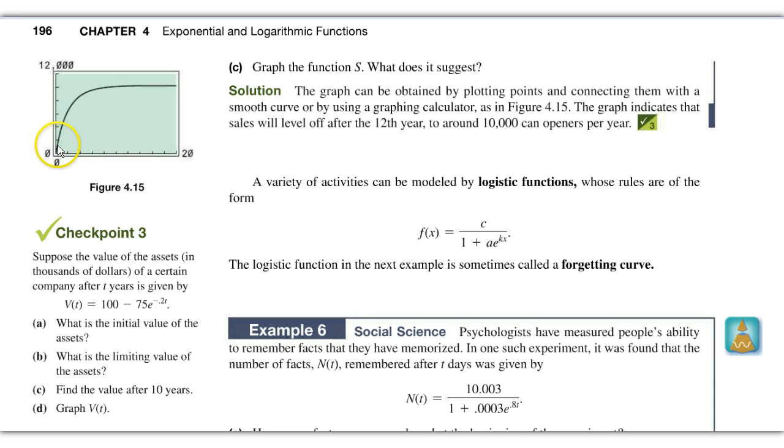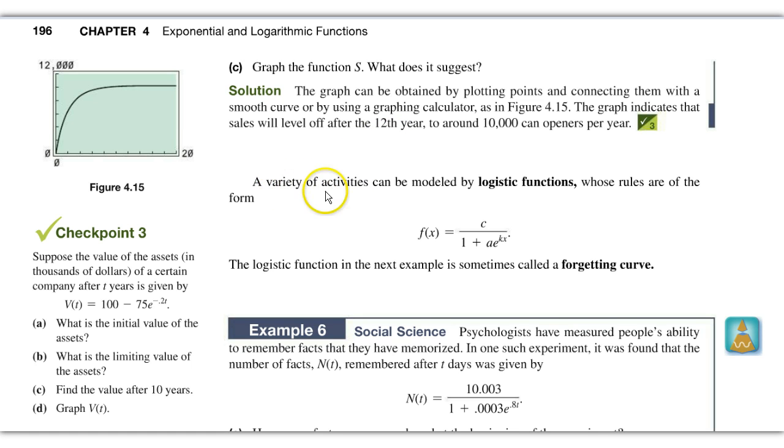Now here is the graph of example 5. As we look at it, we see again sharp growth initially, and then a leveling off. And where does it level off to? Well, according to our text here, it's leveling off to around 10,000 per year after the 12th year or so.